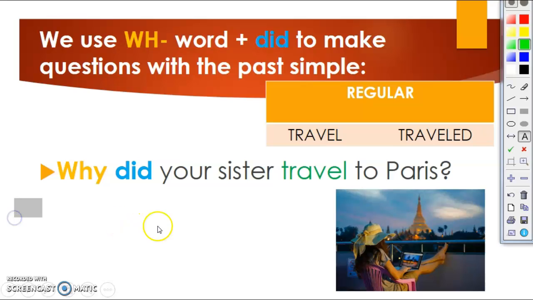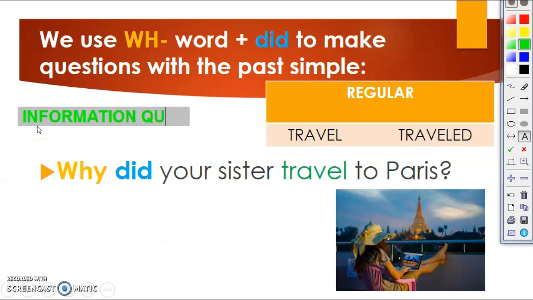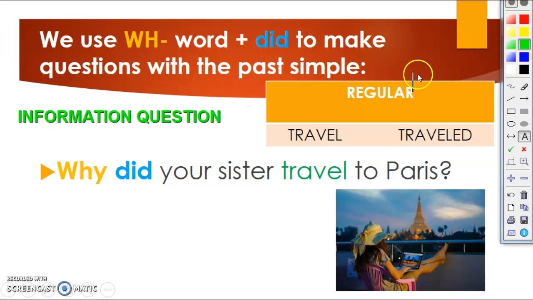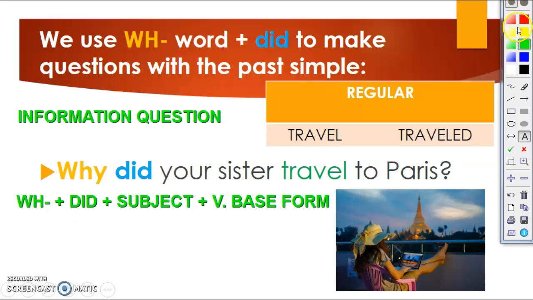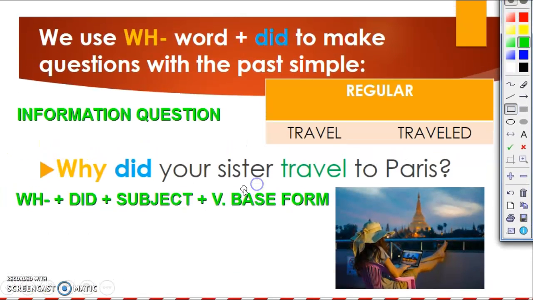The structure of an information question: the WH word, any WH word, plus did, plus the subject, plus the verb in the base form. This is the structure of a question in simple past.